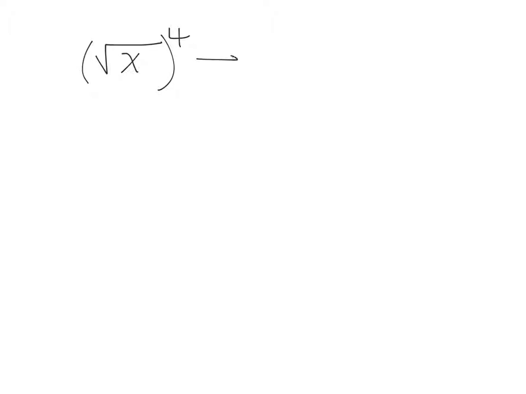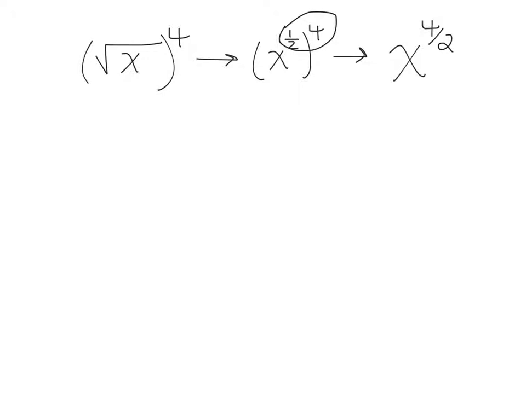Let's find a different way to write that. So we know the square root part we can write as an exponent 1/2, and the 4 is still an exponent on that. And then using our power of a power rule, we know that we multiply our exponents together. So that would make it x to the power of 4 over 2.